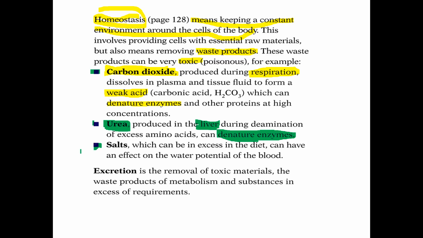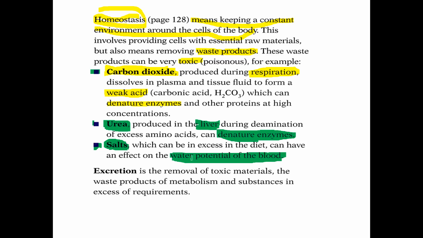Then, the third example of waste product, salt. Salt, from where can we get salt, or how do we get salt, which can be in excess in diet. When you eat food, diet, okay, the food that has more salt, more than what our cells need, it will affect the water potential of the blood.